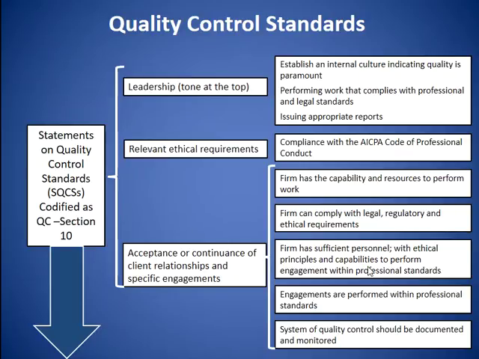The firm has sufficient personnel with ethical principles and capabilities to perform the engagement within the professional standards. So these are all the items the quality control reviewers are going to go through for each engagement. Engagements are performed within professional standards. And lastly, the system of quality control should be documented and monitored.